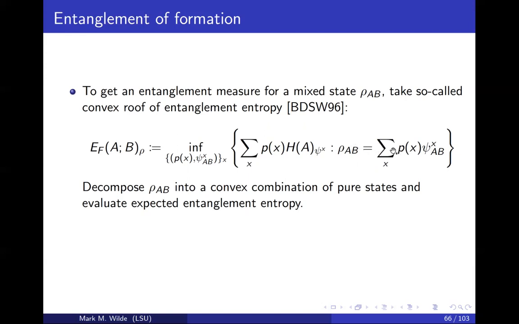So you write it as a probabilistic mixture of pure states, and then you compute the average entanglement entropy with respect to this pure state decomposition. Then you try to make that as small as possible, so you take the infimum over all possible decompositions. And that is what's called entanglement of formation.